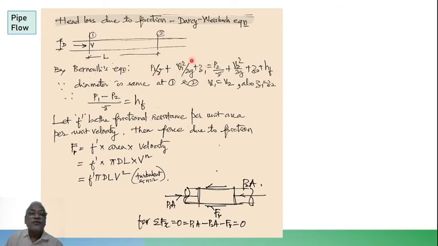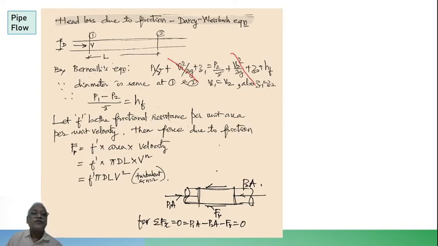So you can see P1 by gamma plus V1 squared by 2g plus Z1 equals P2 by gamma plus V2 squared by 2g plus Z2 plus head loss due to friction from 1 to 2, HL or HF. Because the diameter is the same at 1 and 2, as I have told you, the velocities V1 and V2 are the same, so these two expressions cancel off.